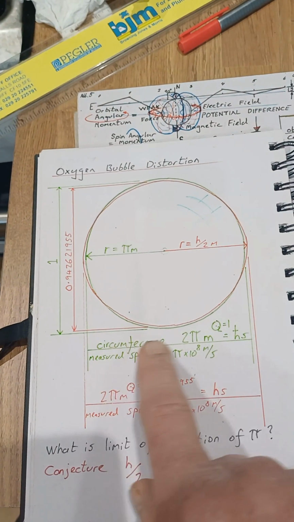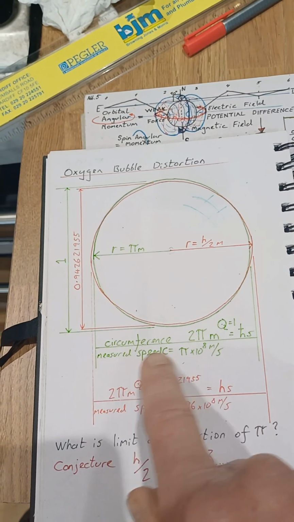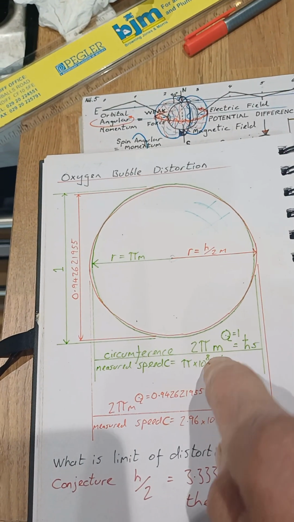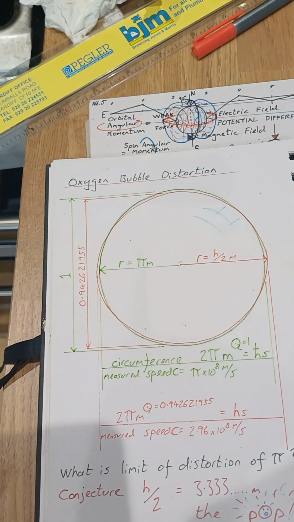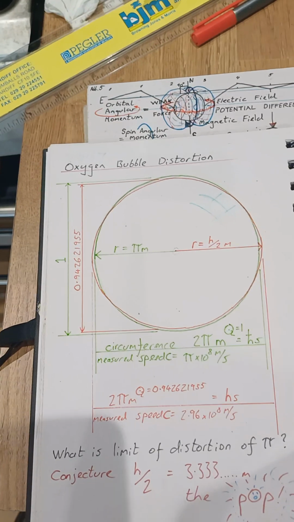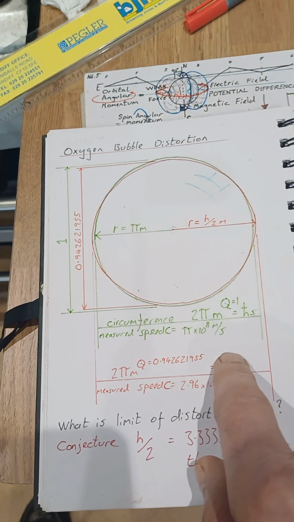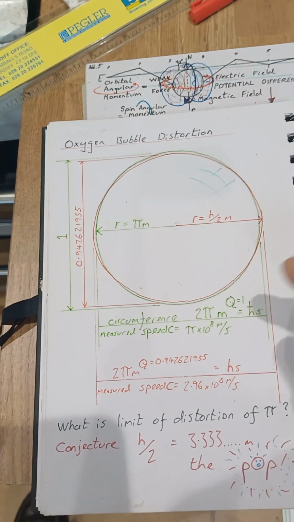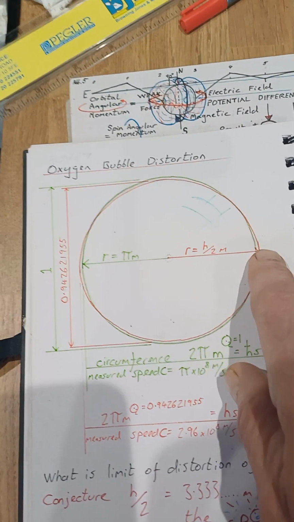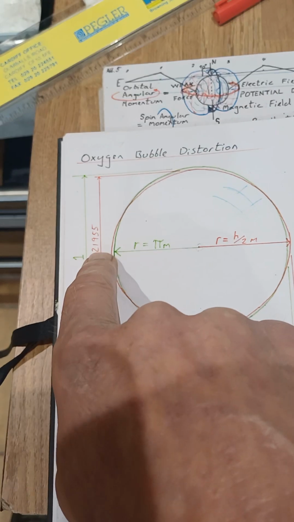It should be 2 pi diameter with a measured speed of light of pi times 10 to the 8. So your h measured should be 2 pi. It should be your h bar, as you call it in physics. Currently, h is 6.626, and therefore our measured speed is less because it's going further. It's got further to travel.